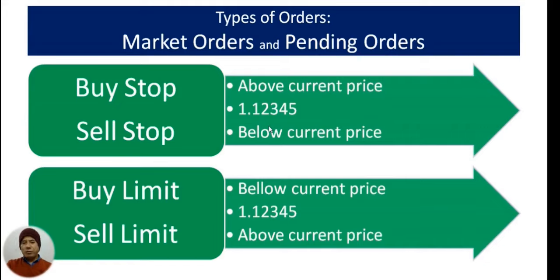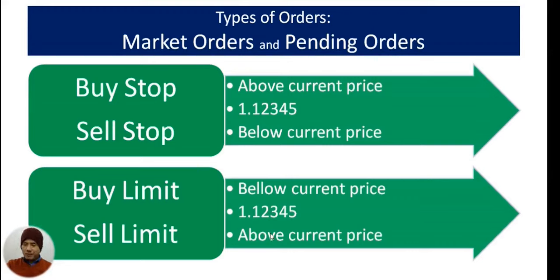And we also have buy limit and sell limit. It's very simple. Let's say the market is at this price, 1.12345, and based on your own strategy, you observe that the price will still fall from this price.